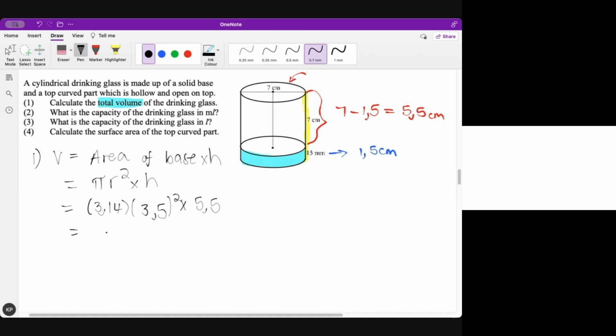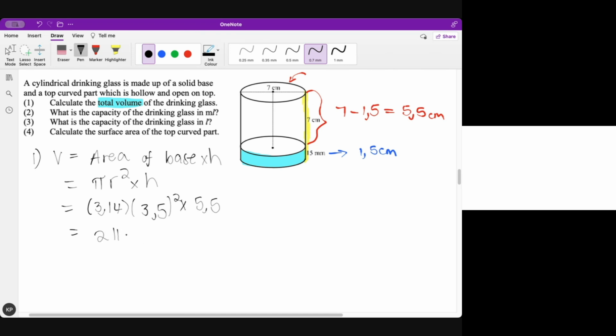Okay, so let's work out the actual volume of this glass. I have my calculator out also. Times, so your volume, I got a different answer. Let me check again. Times, oh, I don't know what I did.